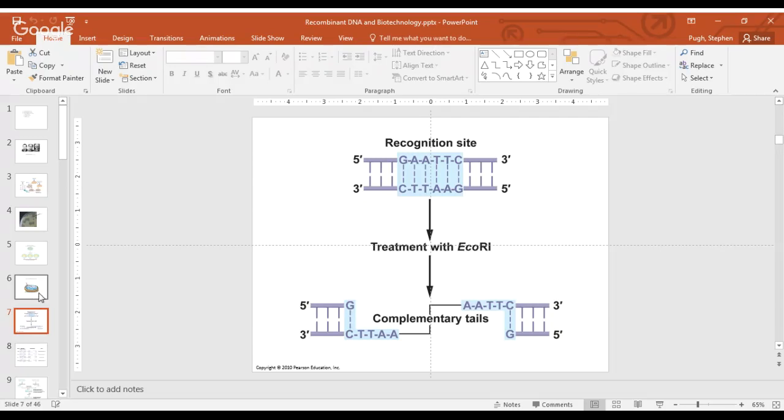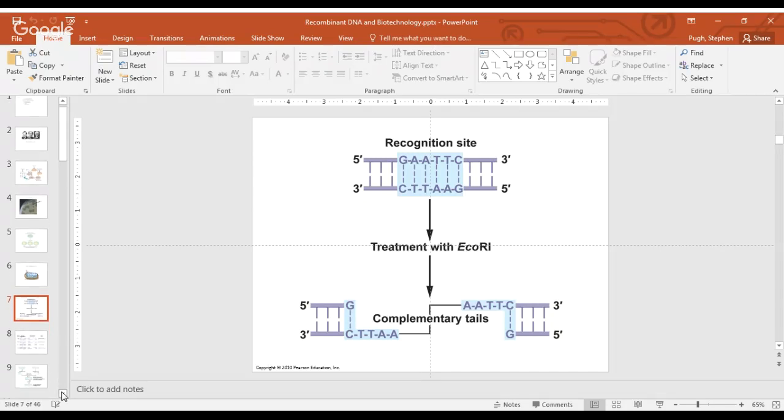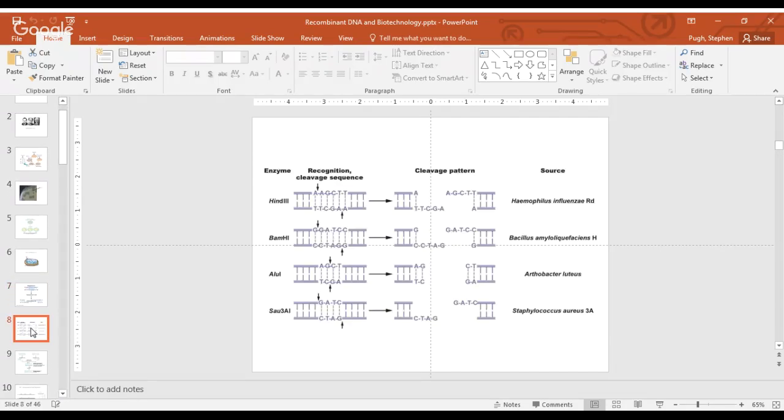So that's an interesting discovery of how these restriction endonucleases work. And lots of other restriction endonucleases were discovered, hundreds, maybe even thousands. Here are four, and they're named based on the species of bacteria that produces them. The first one is called HindIII, produced by the bacterium Haemophilus influenzae.